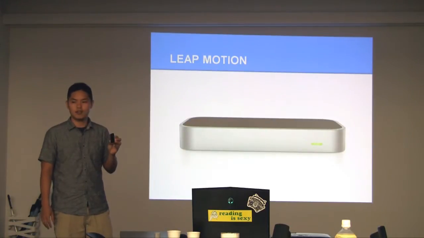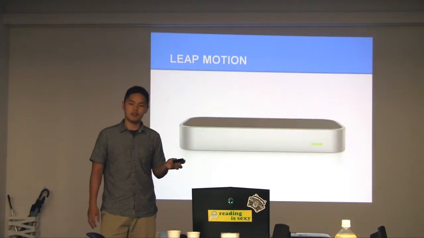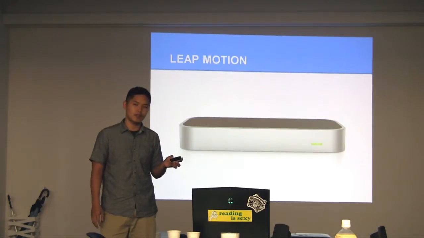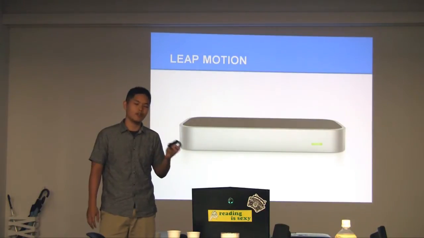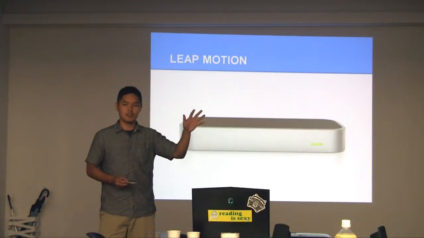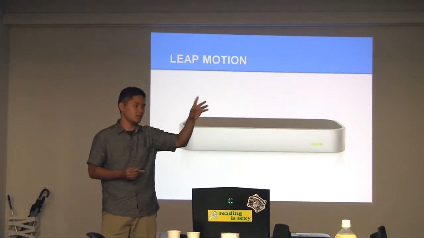It's very fast. I think it has about 120 hertz of response and about 3 or 4 milliseconds of latency, so it's very fast, and it's also very accurate. It can detect the tips of your fingers to 0.5 millimeter, and it can detect the position and velocity of the tips of the fingers.